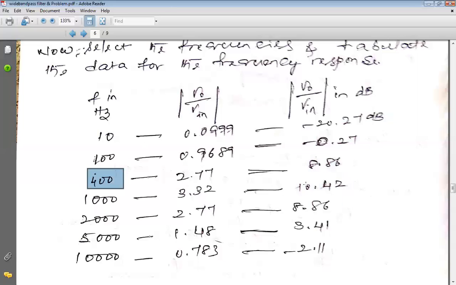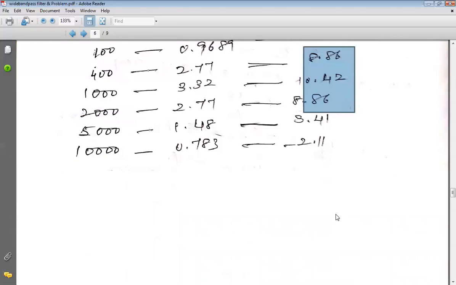It becomes constant at that particular value at 1000, and it will be constant up to 2000. Nearly at 2000, it will drop by 3 decibels. It becomes constant from 400 hertz to 2000 hertz. That's why we are seeing the same frequency response as we drew earlier.